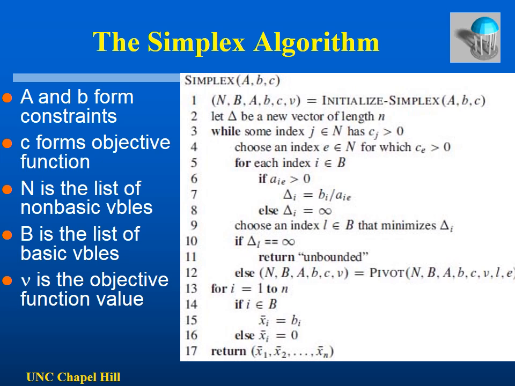Well, to be more precise, initialize simplex takes those in and may modify them. Capital N is the list of non-basic variables. B is the list of basic variables. And the function nu here is the objective function value that we return as the optimum.